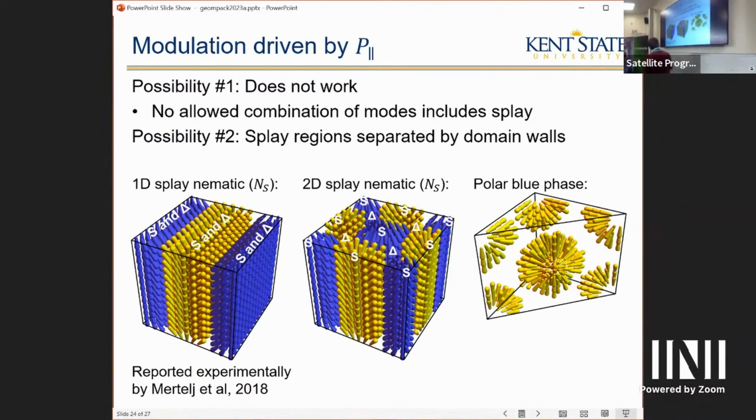Okay, and so that could be laid out in a one-dimensional way, like this, where there's splay and then a randomizing wall, and then splay the other way in a randomizing wall. Or the whole thing could be broken into a 2D checkerboard lattice, like this one, or some 3D lattice of hedgehogs, like that.